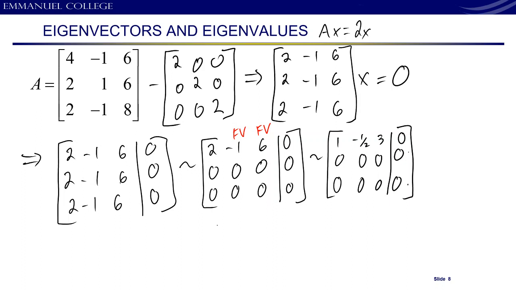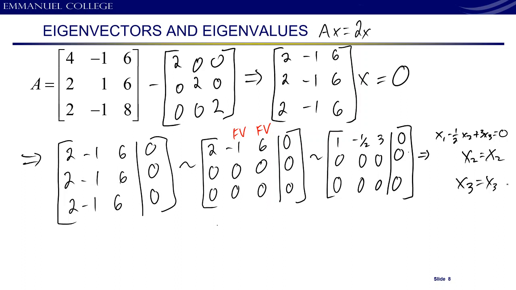So if I set this up, I'm going to get x1 minus 1/2 x2 plus 3x3 equals 0. And then again, x2 will be x2 because it's a free variable, and x3 will be x3 because it's a free variable.